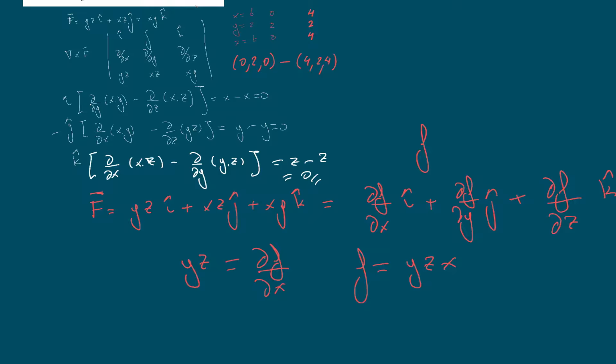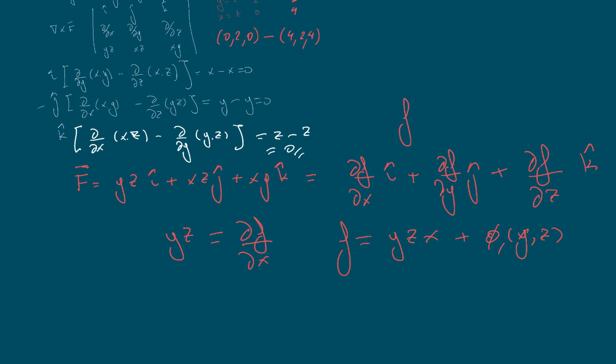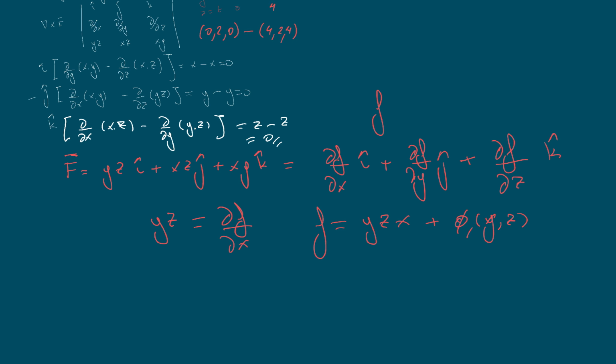Of course, if I add another function, let's say phi1 of y and c, the partial derivative with respect to x will be 0. Okay. So the first condition is this one, that this component equals this component.